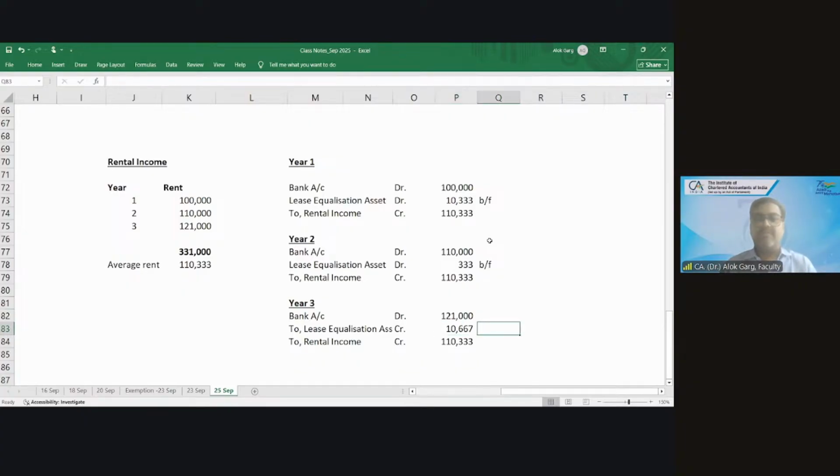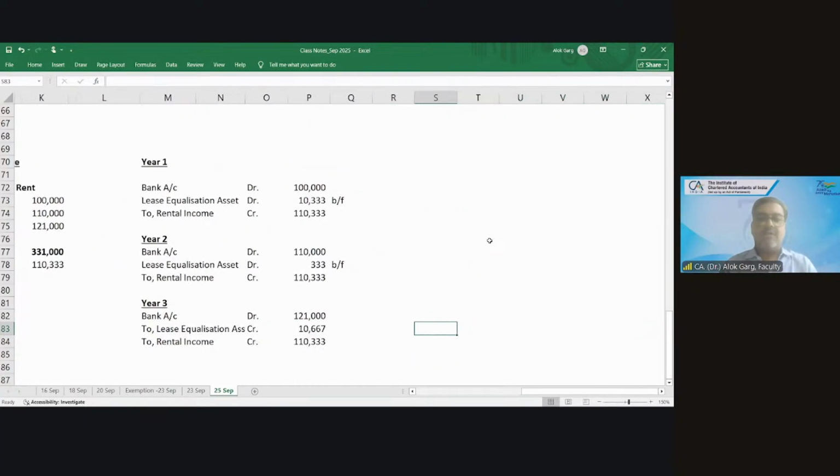If I talk about my 3-year cumulative balances, first let me talk about my bank balance, then the lease equalization, and then the rental income.